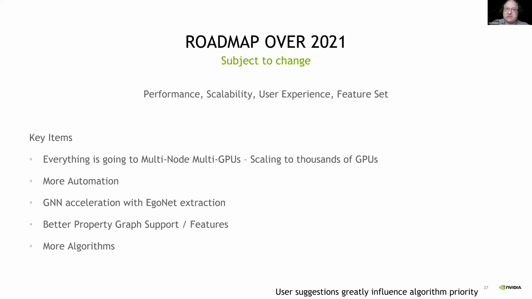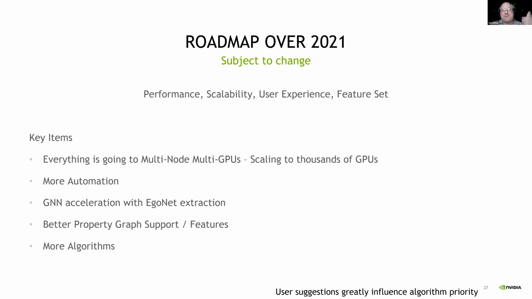Better property graph support. Property graphs, again, are kind of a ubiquitous data format for graphs, right? Everybody loves property graphs because they very closely match the reality of messy data, right? Entities have properties, relationships have properties, and immediately you're into the property graph world.